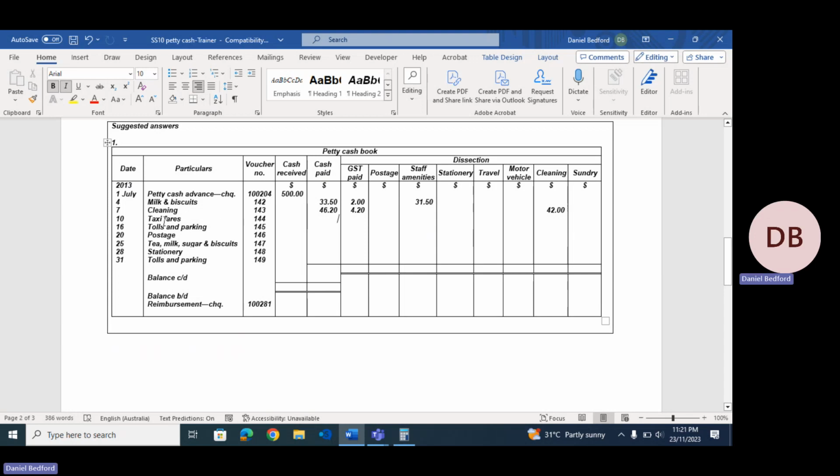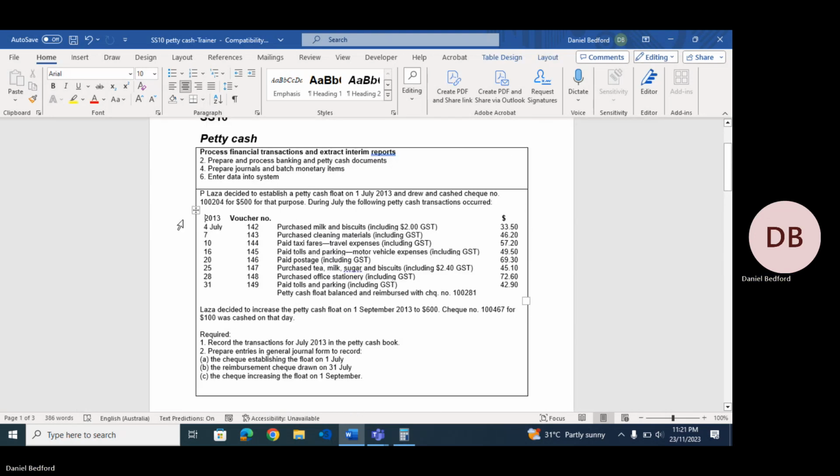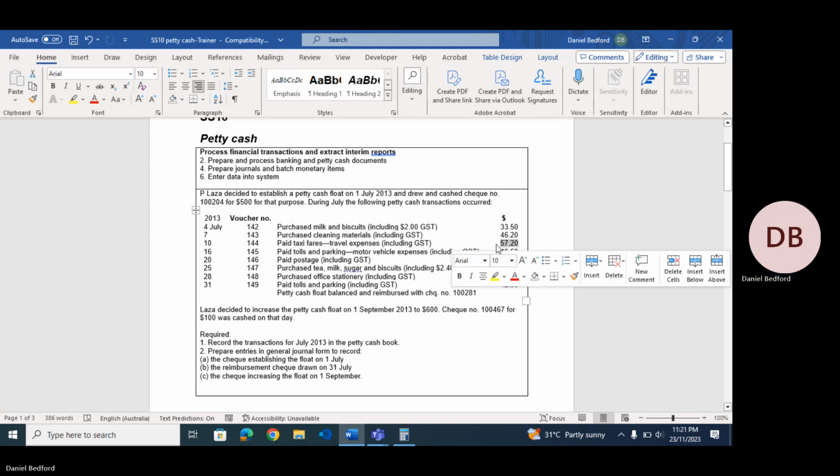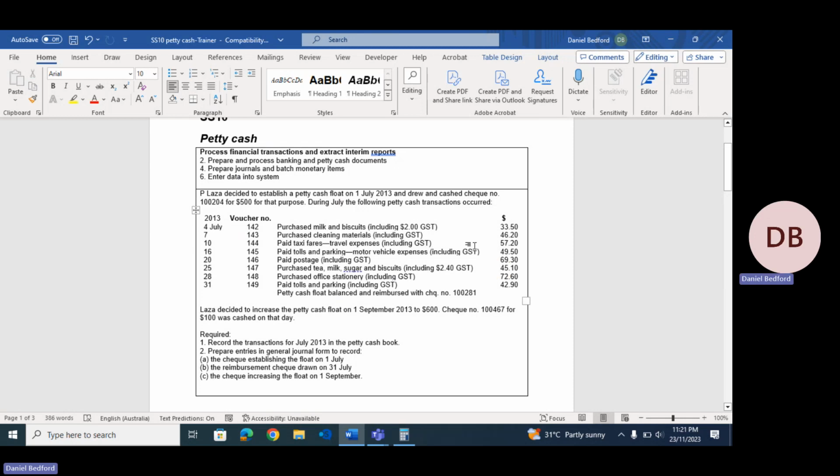Okay. The next item, taxi fares. Taxi fares or travel expenses, including GST of $57.20. Okay. Pretty straightforward.